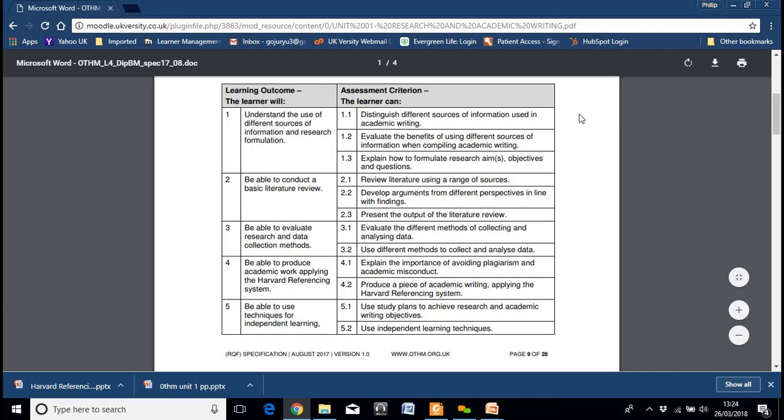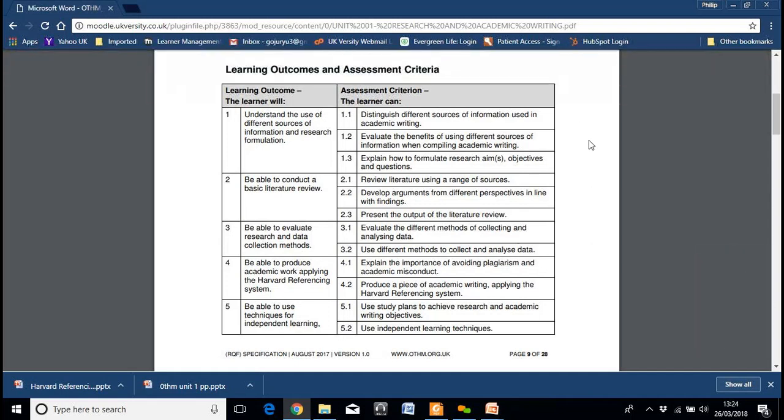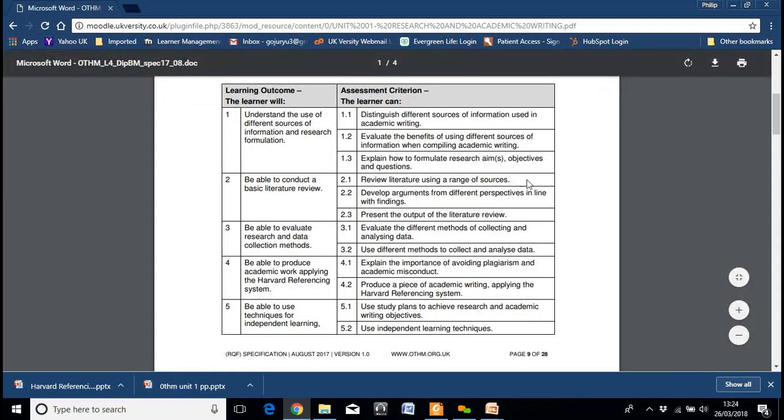The sources of information could be just one single item, or there could be multiples. It depends on what you decide on the specific problem that you want to solve with your research. Once you've determined that, it may be that there is only one type of source of information that you will need to use, and that's why it's asking you to evaluate it.